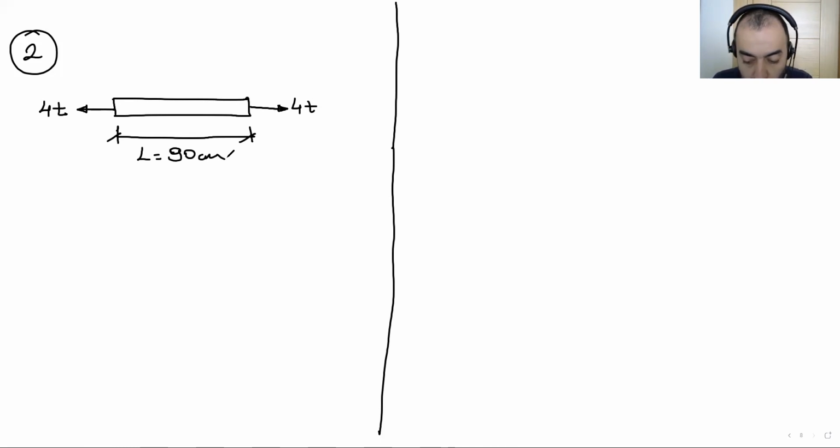Here we have the allowable stress and the modulus of elasticity.